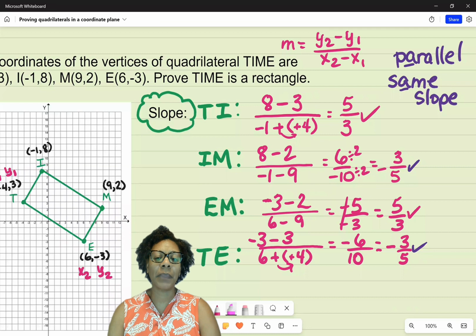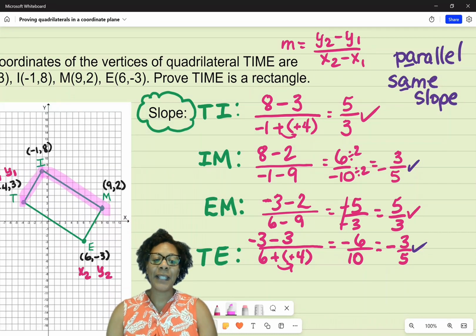I also noticed something else. If you look at segment IT and segment IM, you'll notice that they were perpendicular.